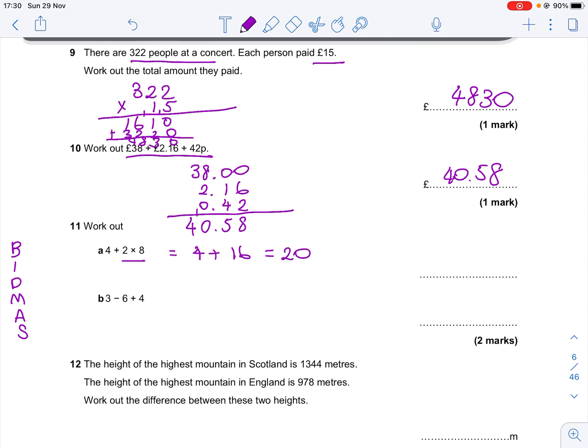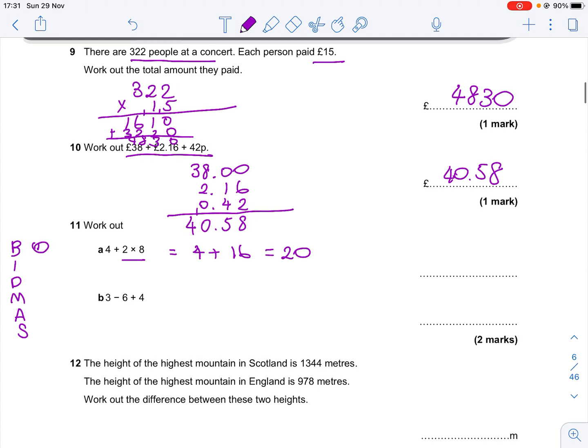Then question part B, we don't have brackets, indices, division or multiplication. Remember, we don't do addition first with BIDMAS. First we do brackets, second indices, and division and multiplication are equal, so we do whichever we see first. Similarly addition and subtraction are equal operations, so we do the first one we see.